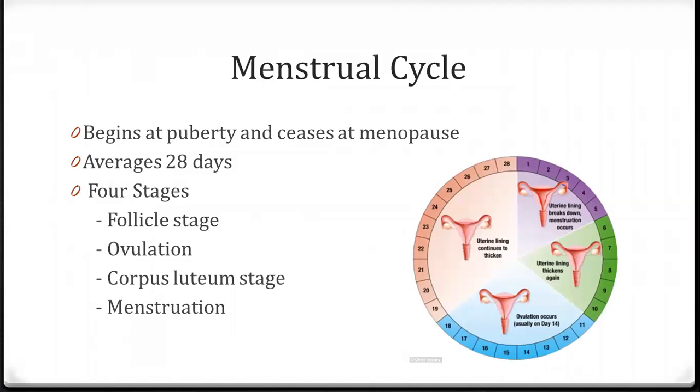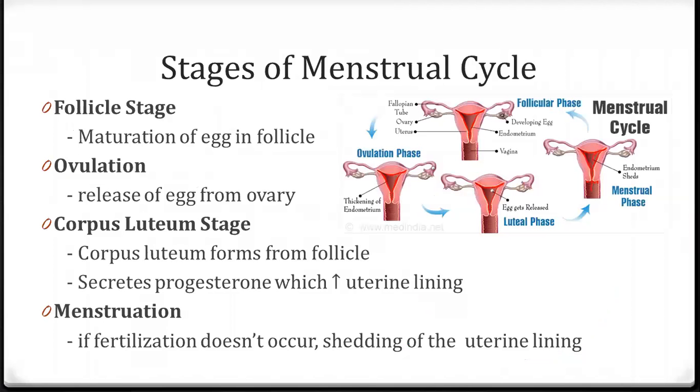Okay, the menstrual cycle begins at puberty and ceases at menopause. The average is about 28 days. There are 4 stages: follicle stage, ovulation, corpus luteum stage, and menstruation. These are the different stages and what they do. The follicle stage is where the egg matures.